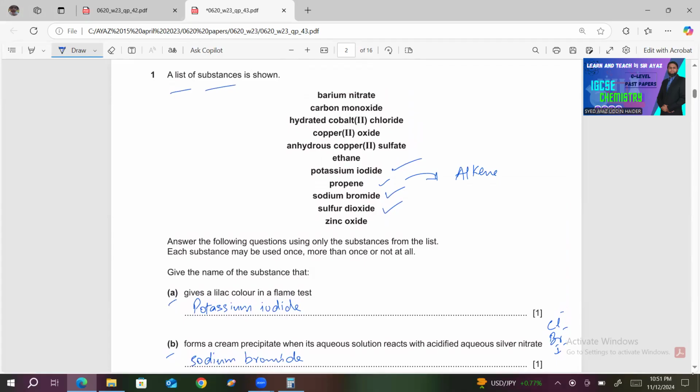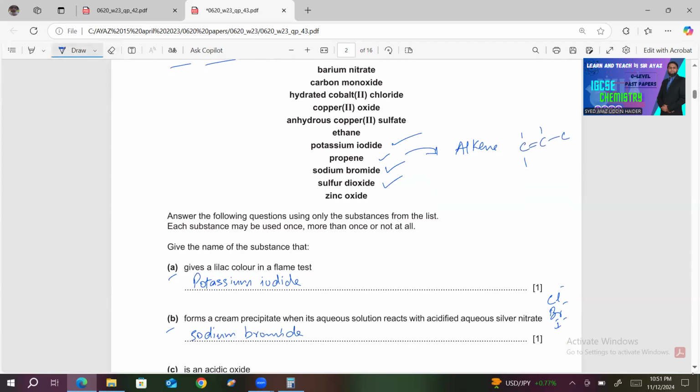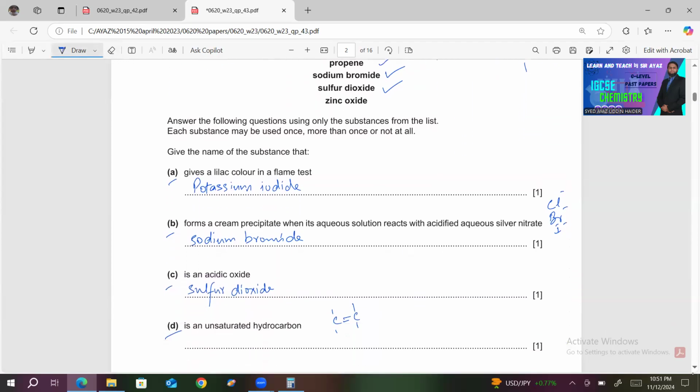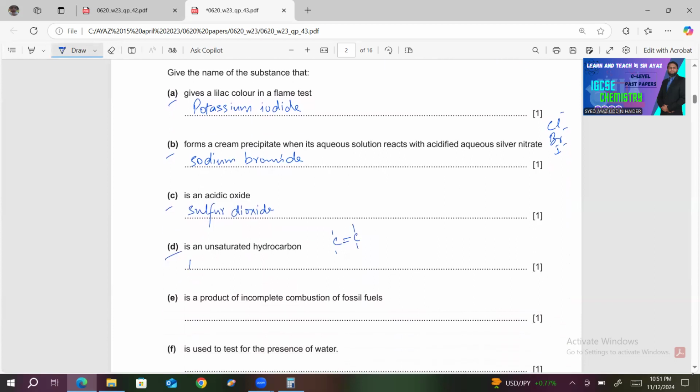We don't have any other unsaturated organic compound or hydrocarbon here. Alkene is the only hydrocarbon in this list which contains carbon-carbon double bond. And in this case, we have 3 carbon with 1 double bond between 2 carbon atoms. So I will write propene for this one.